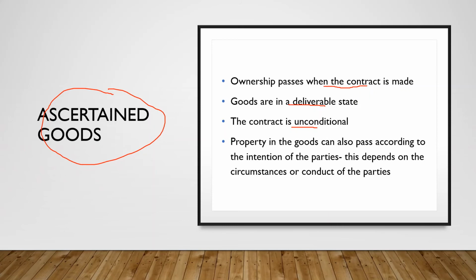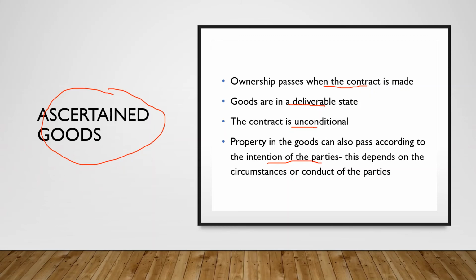And the other thing you need to appreciate is that when it comes to these ascertained goods, property in the goods can pass also according to the intentions of the parties. Remember that much as we've said that property passes immediately, parties could agree on certain terms and conditions and specify when ownership is to pass.